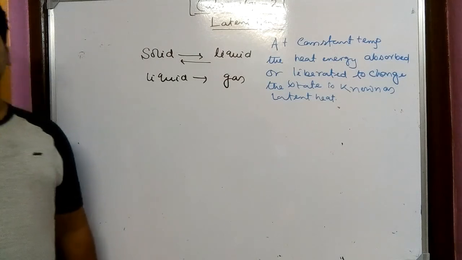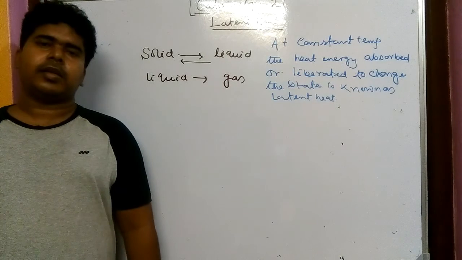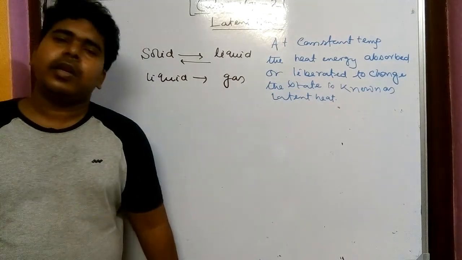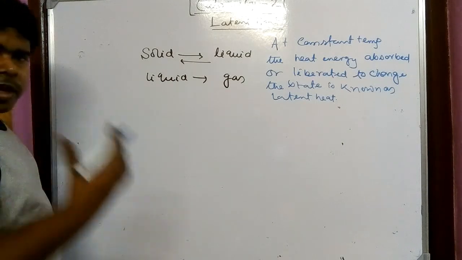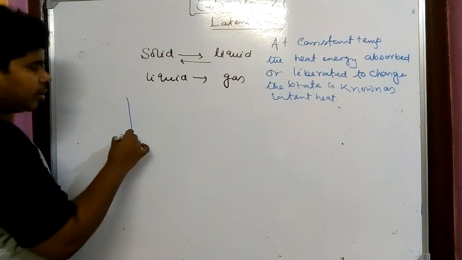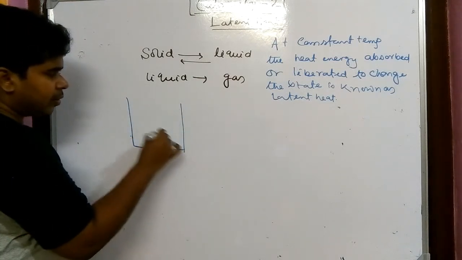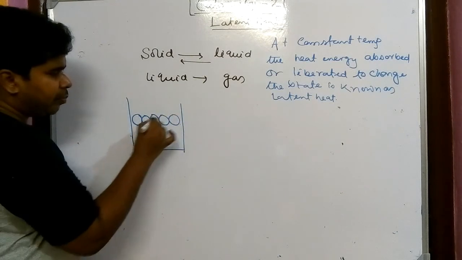Now the question has come: if the temperature is not increased or decreased, then where does this heat energy go? From a very young age, from class 6 onwards, you know that the molecules in a solid are very closely packed.